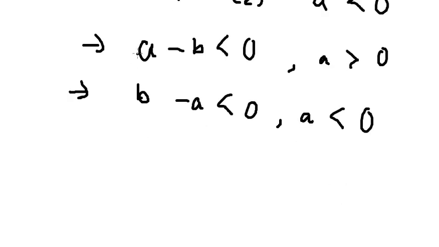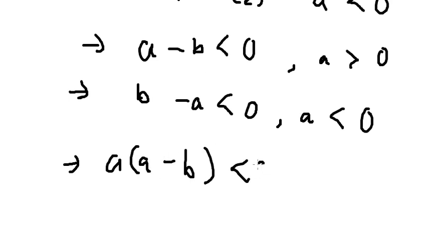So we multiply both sides by a. When a is greater than number 0, we don't change anything, because this is negative. Negative with positive is still negative. Now, if I multiply by a when a is negative, negative and negative, we have positive.